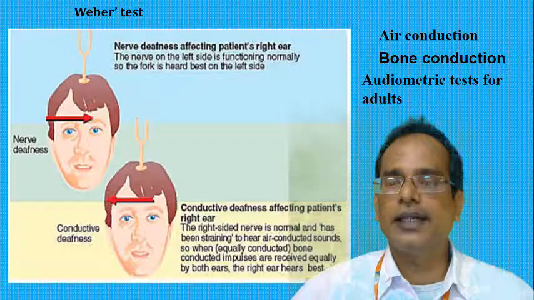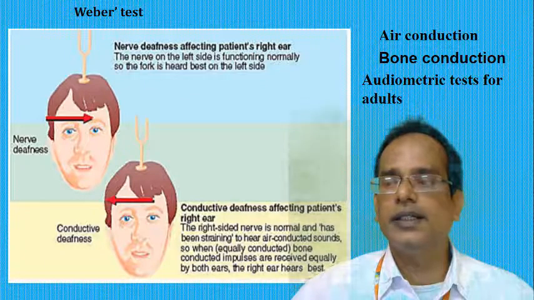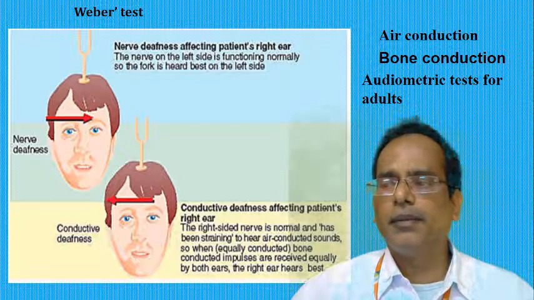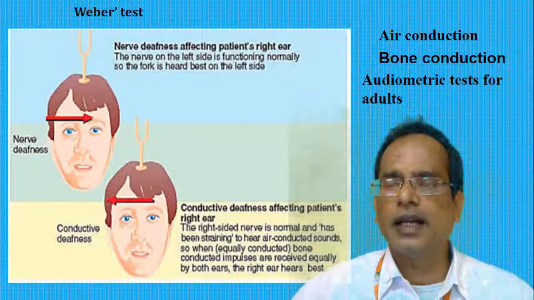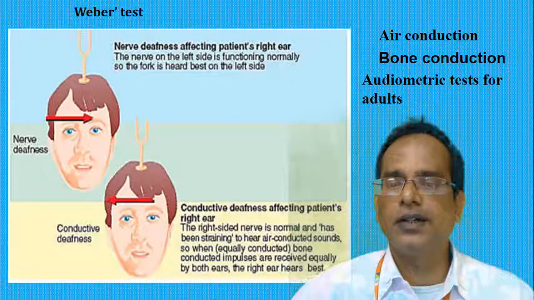After that they will note the time interval and immediately move the tuning fork to the auditory meatus, and ask the subject to tell when the sound is no longer heard.